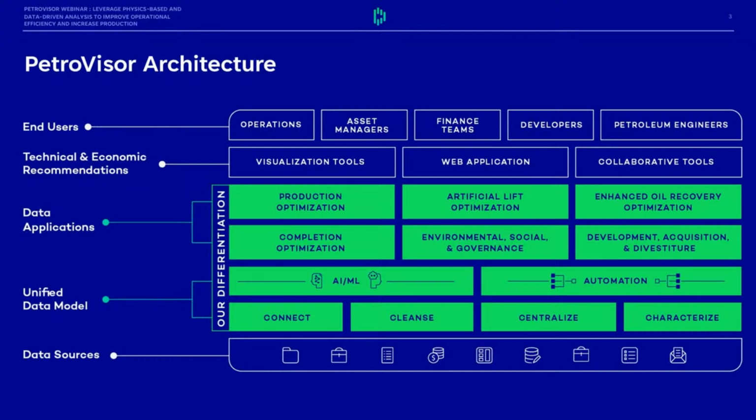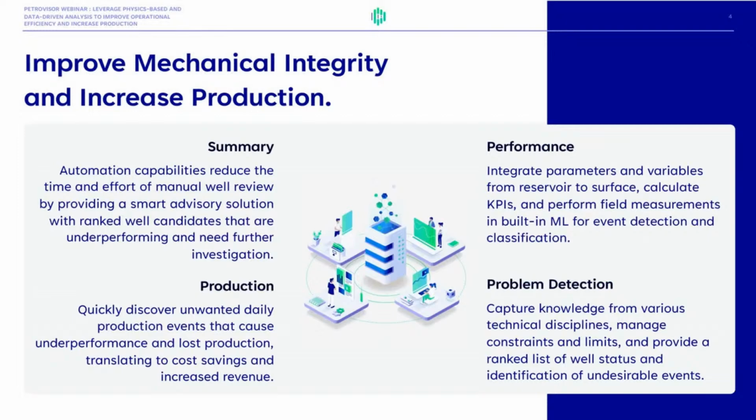Brian will go over this more in depth here shortly, but some of what we will be covering today shows you the summary, production, performance, and problem detection features available in our Artificial Lift Optimization app. Key capabilities in our AL app, just to name a few, include automations reducing the time spent manually reviewing wells, ranked well candidates, failure notifications, and automated alerts.